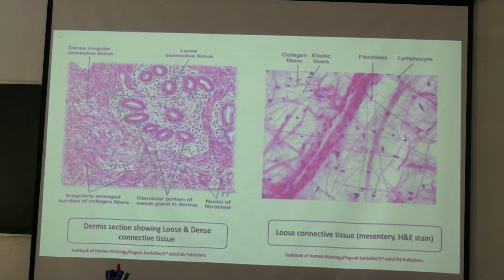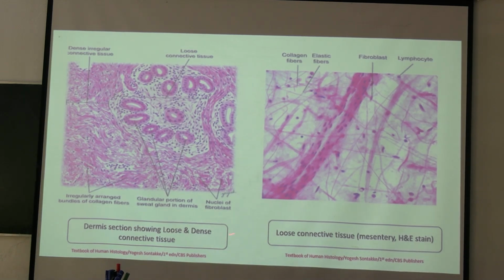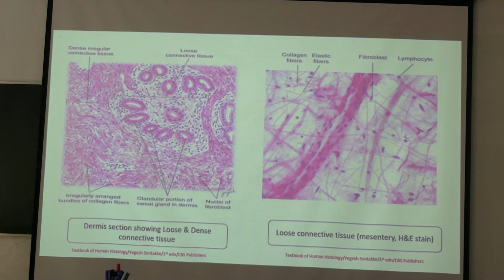So this is a dermis section showing loose and dense connective tissue, a section of the dermis of the skin. In the dermis there is also a glandular portion, and these are irregularly arranged bundles of connective tissue.